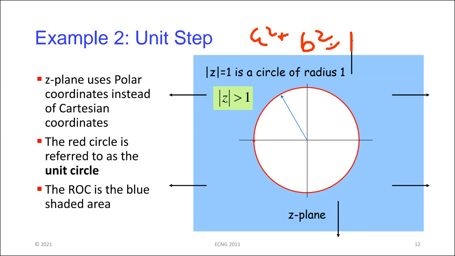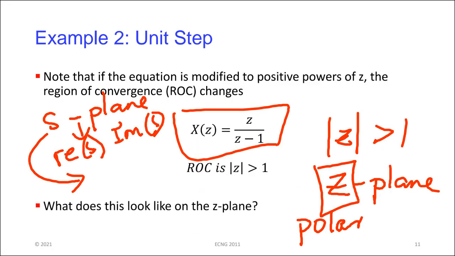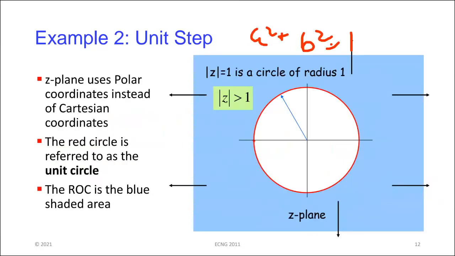So if the Z transform of the unit step is only going to converge when mod Z is greater than 1, it means that the Z transform is only going to exist in the blue shaded portion outside of the unit circle.